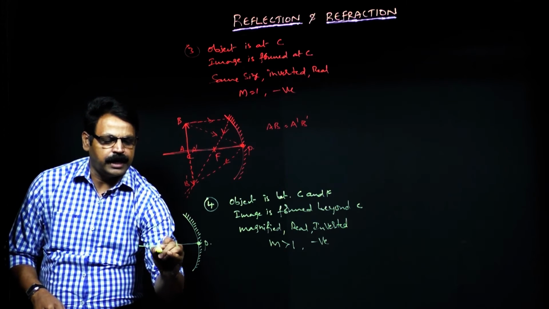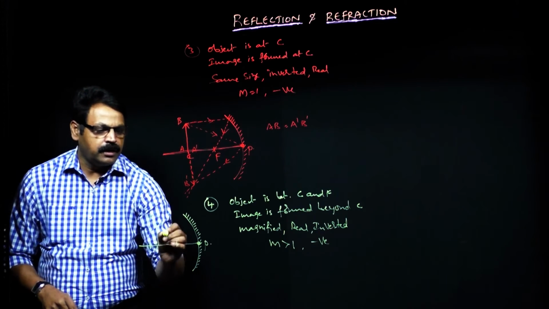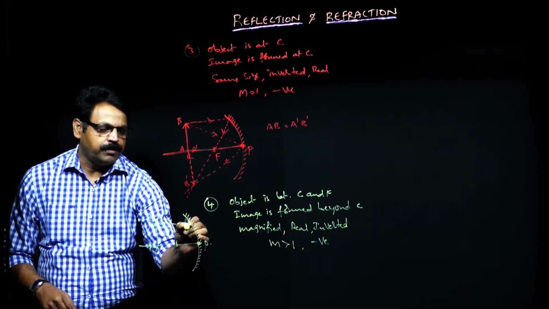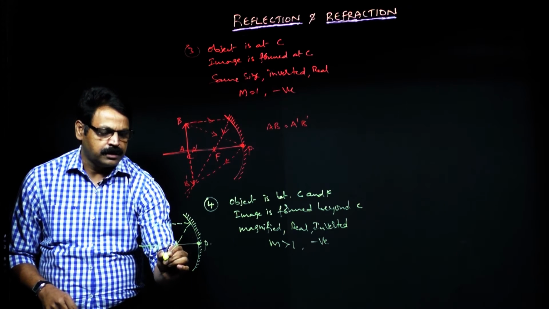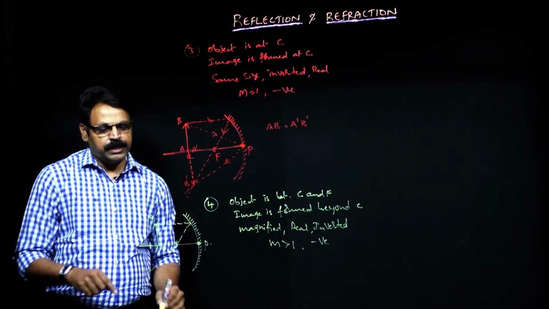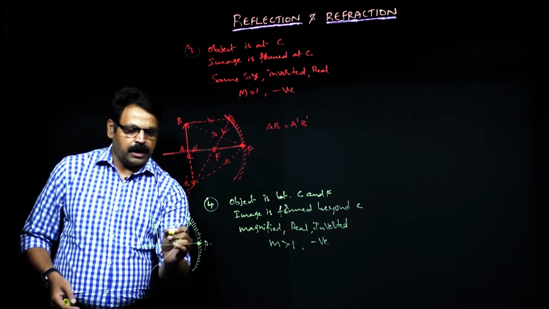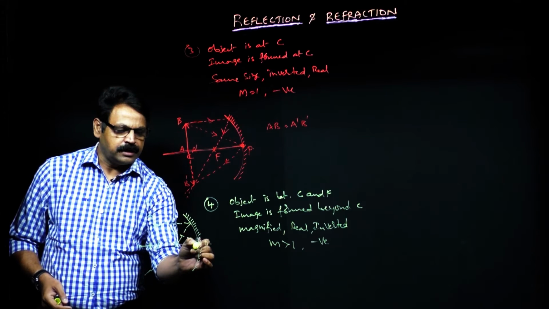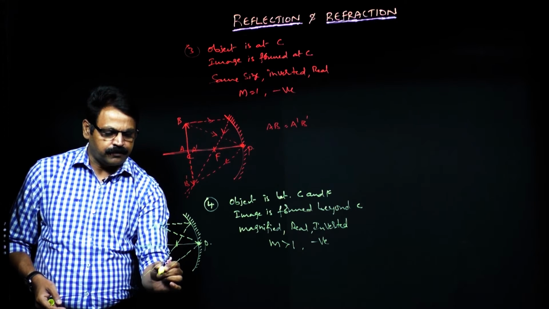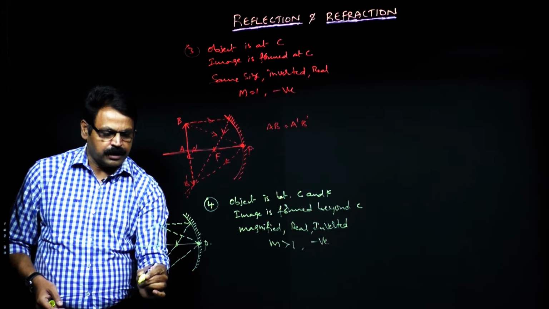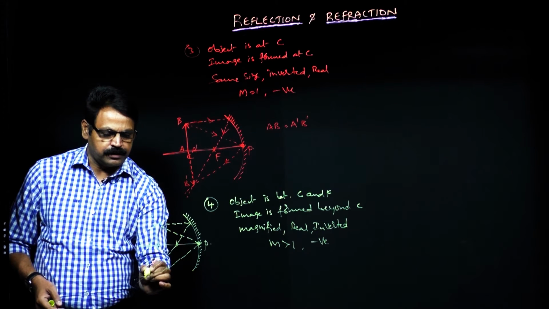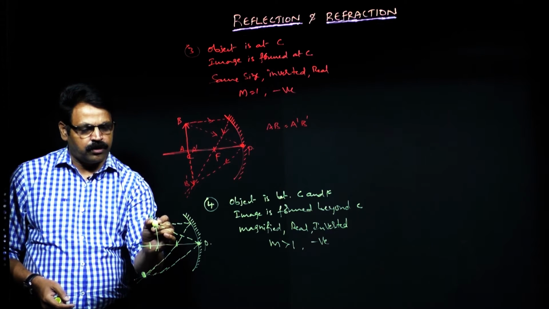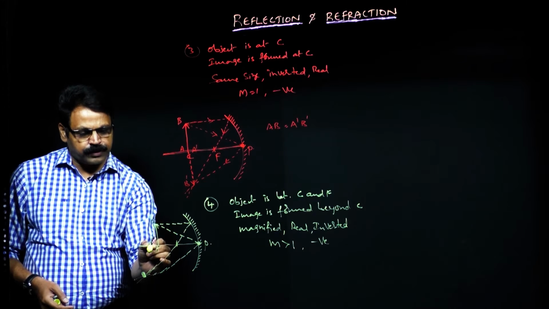So let us say this is A and B. Here the parallel beam, as usual, will go through the focus and meet at some other point. See here, this is meeting somewhere here. So they are meeting somewhere here. This is the meeting point. Now from the center of curvature, if I draw, this is the center of curvature.